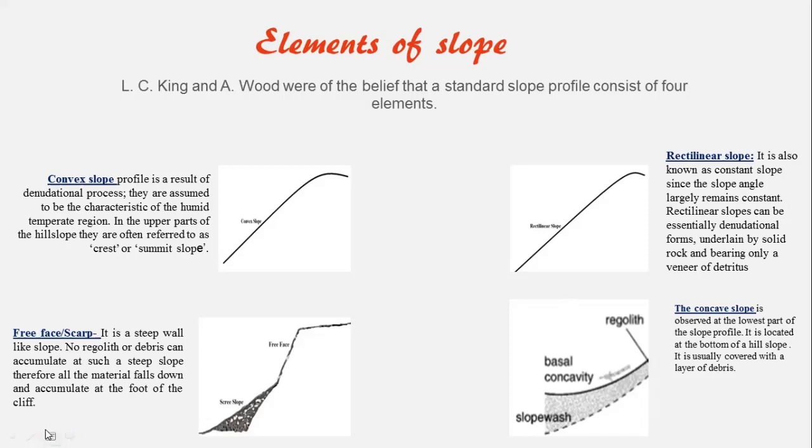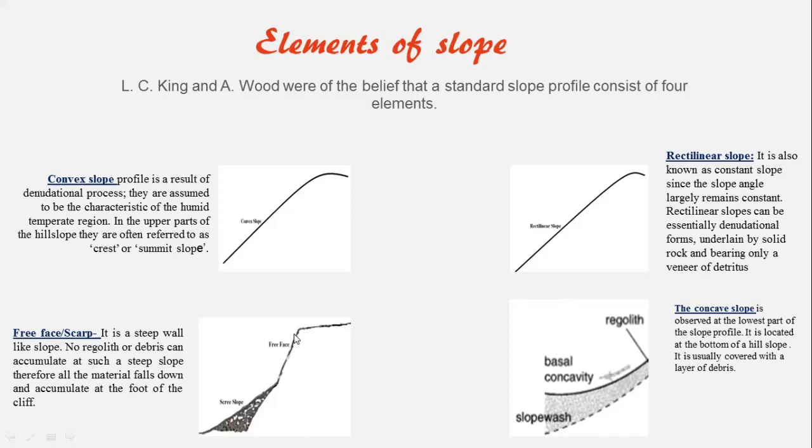So this is actually called free face. Why is this term free used? Because you are seeing over here, this is a steep wall type of a feature. So because of this steep slope, this region remains free of any debris.